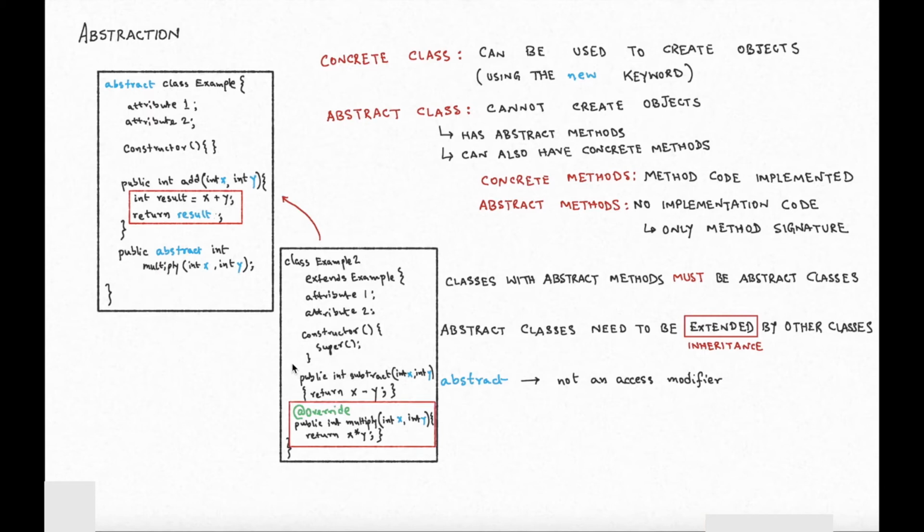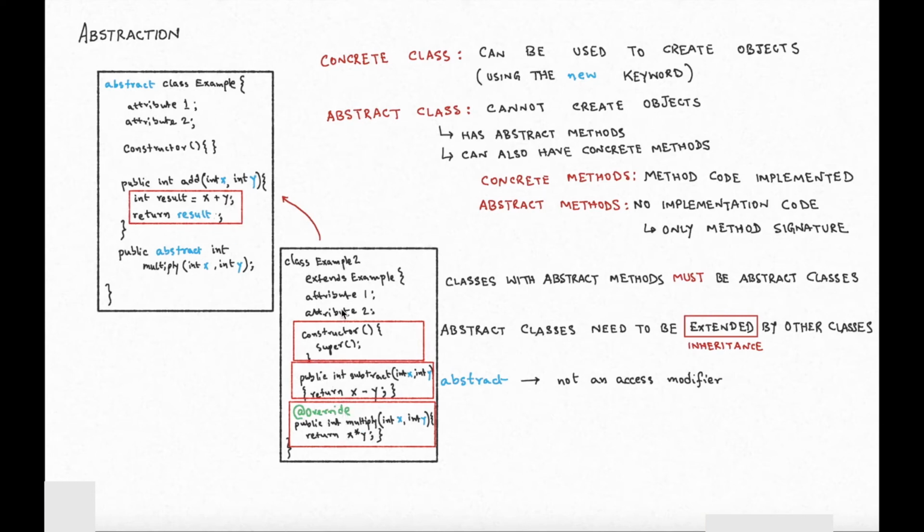The child class has its own concrete method as well, and it has the constructor as well. All the methods of this class are concrete, which means that this is a concrete class. And because this is a concrete class, we can create objects using this class. But we will not be able to create objects using the example class because it is an abstract class.